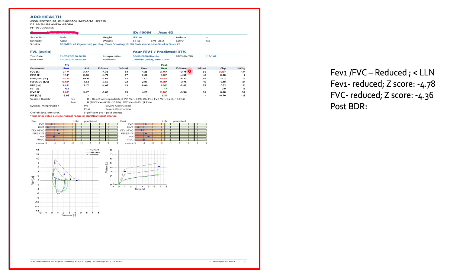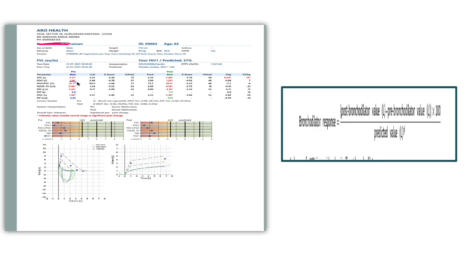Let's try and ascertain the post-bronchodilator response, which has to be calculated here. So let's look at this video here. We want to assess the post-bronchodilator value. We calculate the post-bronchodilator response by taking his post value of FEV1, here 1.22, and subtracting from it his pre-bronchodilator value, which is 1.14.